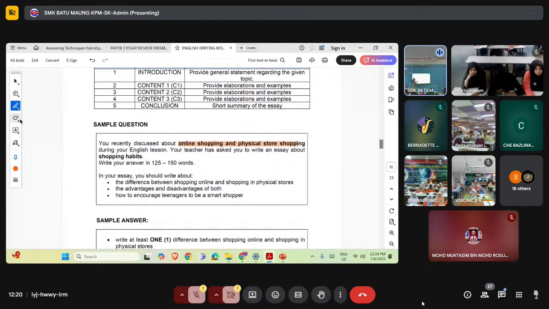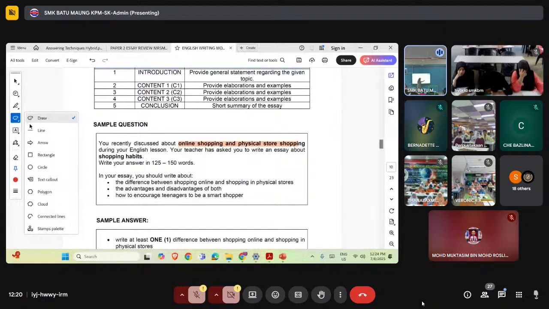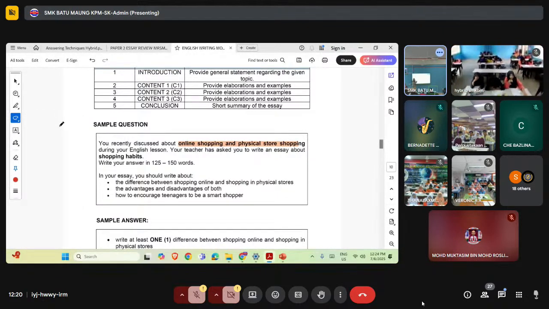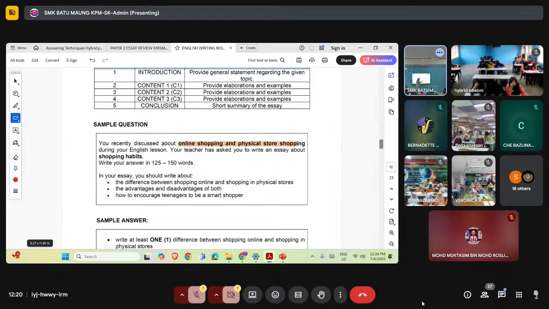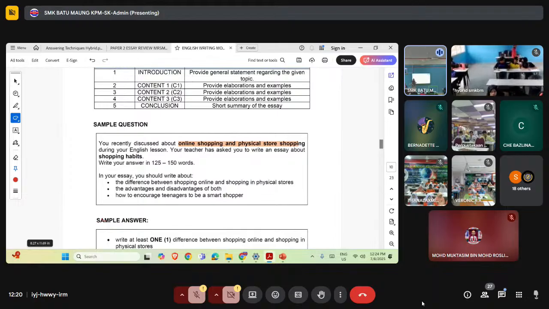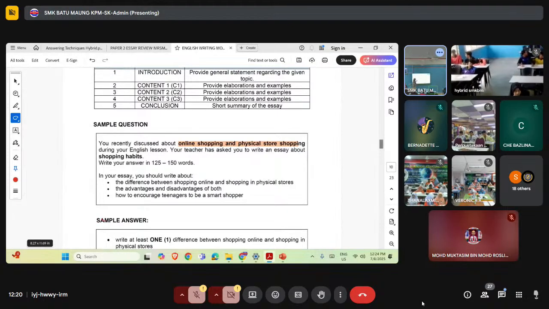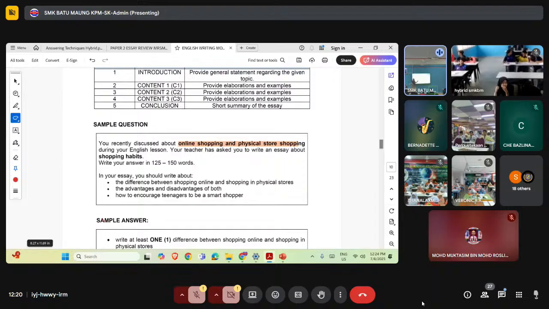Take the whole sentence from the prompt for content 1. If you want to attempt, take the whole sentence, the content point. Then only you give your elaboration and examples.